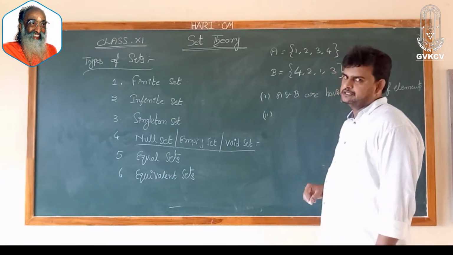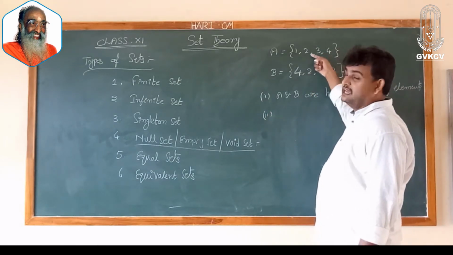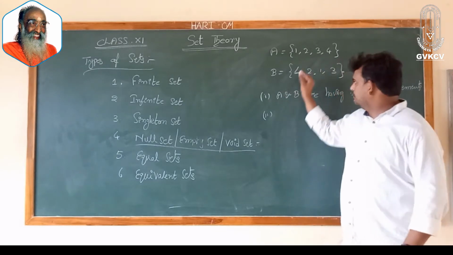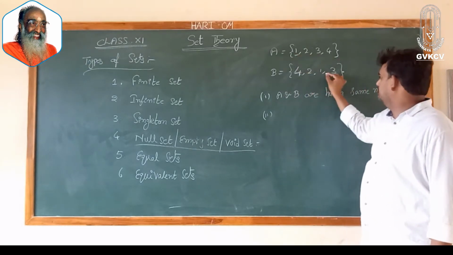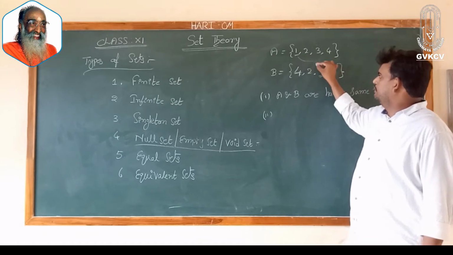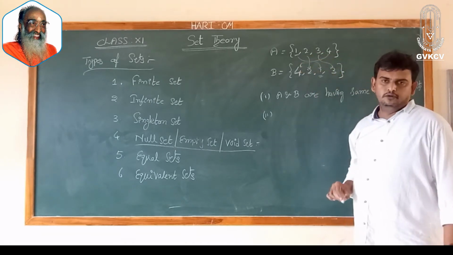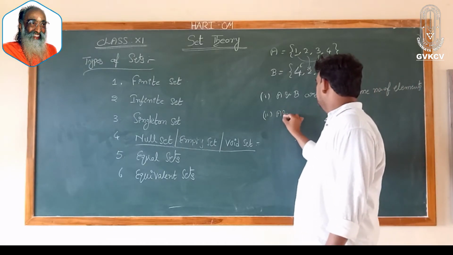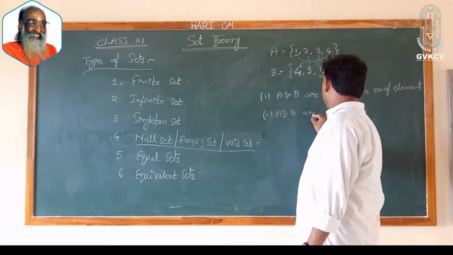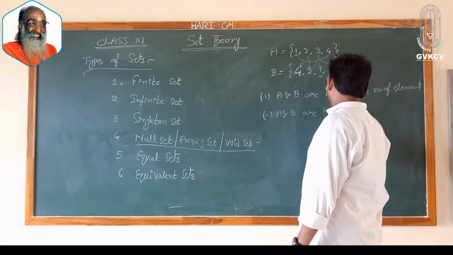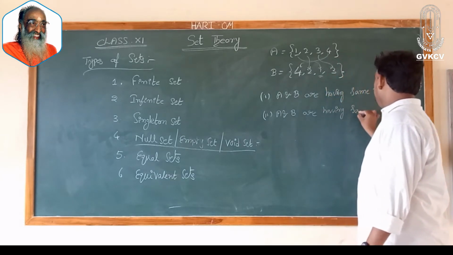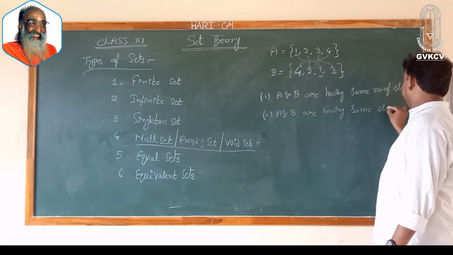And the second condition, whether you have the same elements or not. Here what is the first element? 1. Here also I have 1. 2 I have. 3 I have. 4 I have. So A and B are having the same elements.